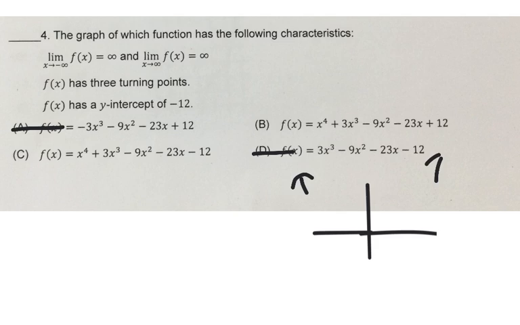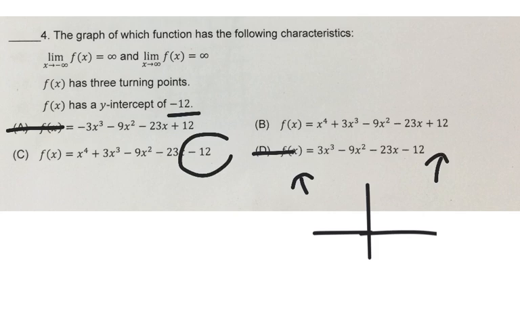Okay. The second one, it has 3 turning points. All that tells me, if it has 3 turning points, it must be at least a degree 4 polynomial. Didn't help. That one was useless. The y-intercept is at negative 12. The y-intercept is the last value.